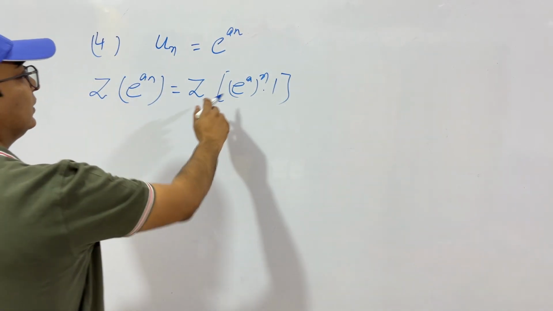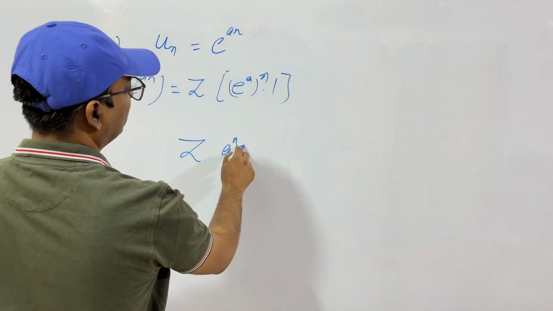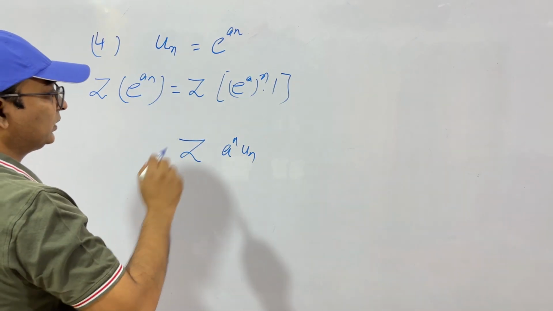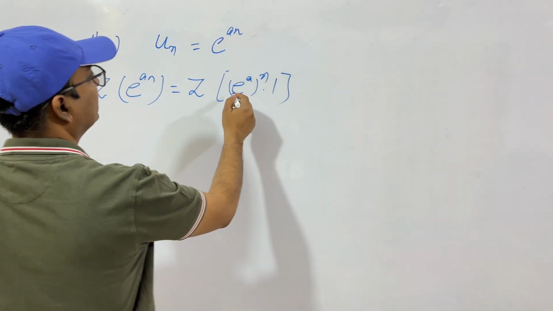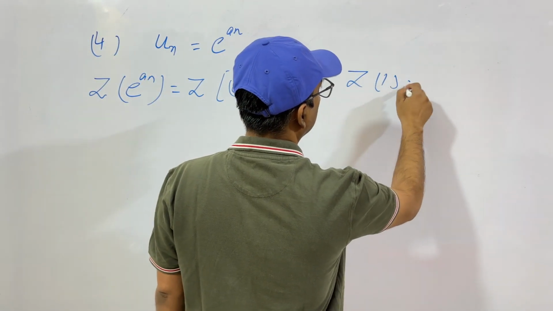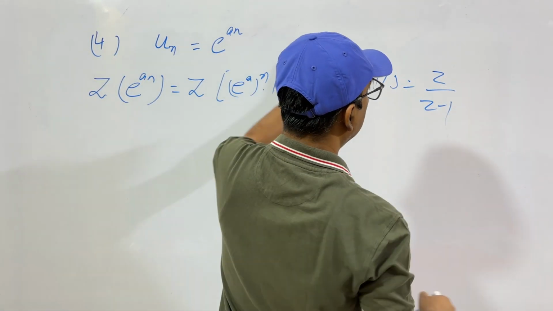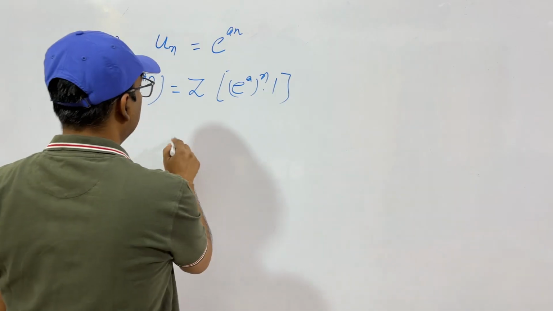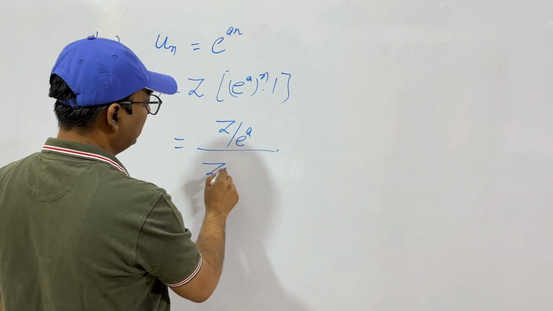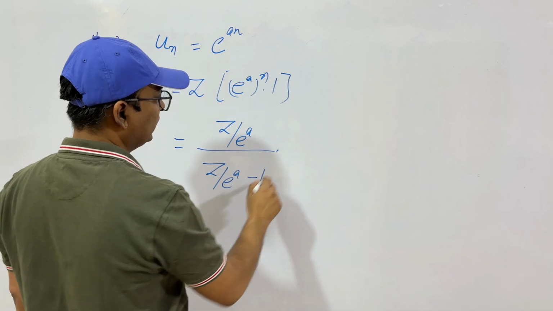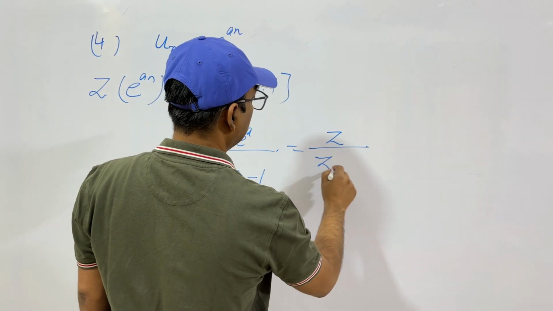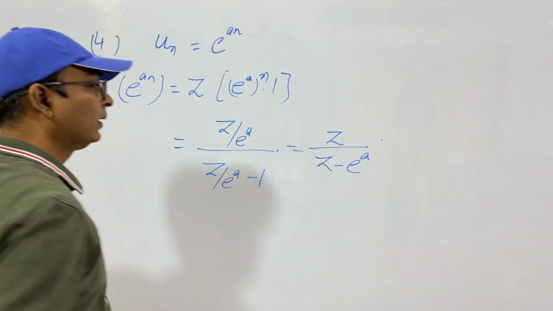So you can compare it with a to the power n u n, that is z by a. So your a is actually e to the power a. And z of 1 is z by z minus 1. So in place of z, we'll write z by e to the power a, giving (z by e to the power a) by (z by e to the power a minus 1). So if you simplify it, what you get is this. Okay.